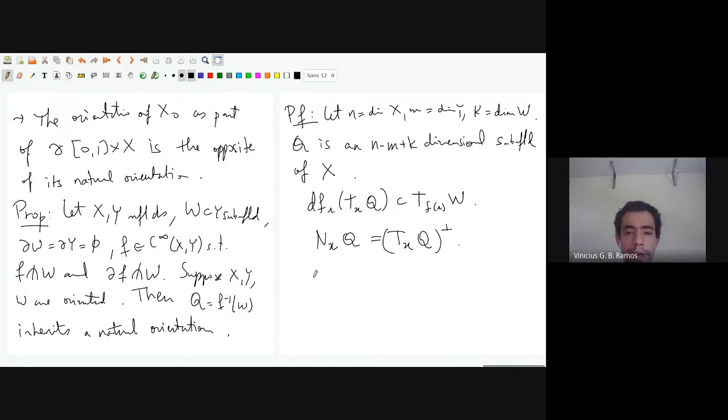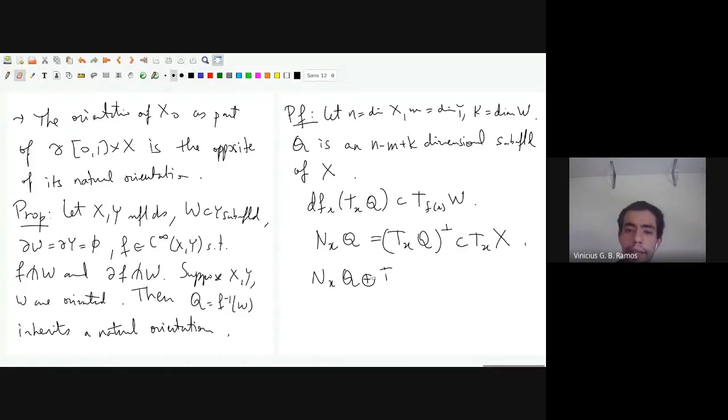So the normal bundle has the property that it is a complement. This is inside of T_x X. So the orthogonal complement of Q inside of T_x X is a subspace of dimension m minus k.